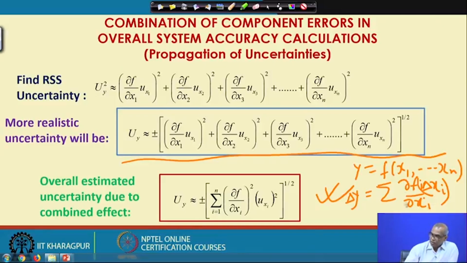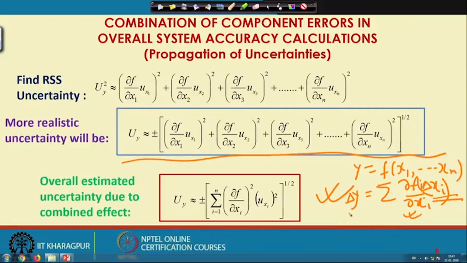Then we considered del f del x i as sensitivity and delta x i as individual uncertainty. So, this sum gave the overall uncertainty in y. So, to get root sum square error, we squared both sides and got this after neglecting the cross terms.